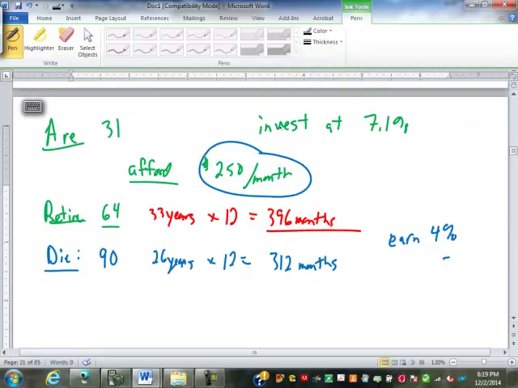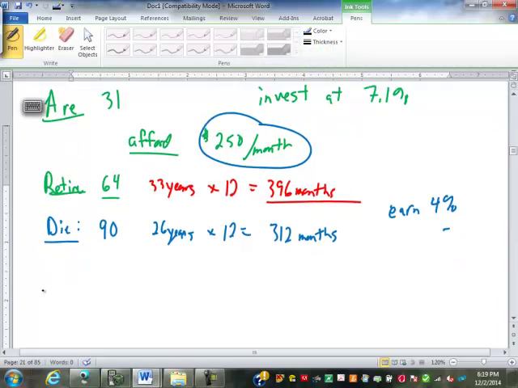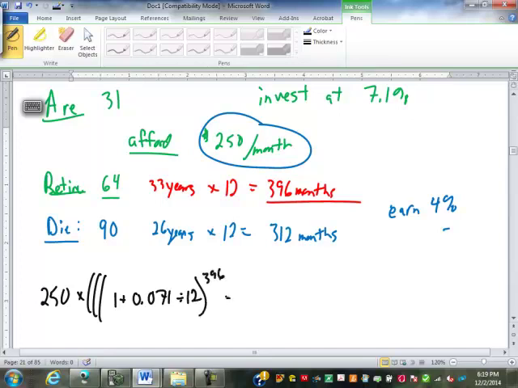Let's start out. I'm going to do the long formula this time. So 250 times 1, 2, 3, 1 plus 0.071 divided by 12 to the power of 396 minus 1, close, divided by open, 0.071 divided by 12, close and close.